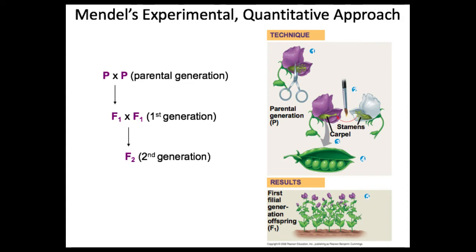Each pea plant has both sperm-producing organs, which are called the stamens, and egg-producing organs, which are called the carpels. Cross-pollination, which is fertilization between different plants, can be achieved by a human by simply dusting one plant with the pollen from another. That is why Mendel used these pea plants so that he could do his breeding experiments.